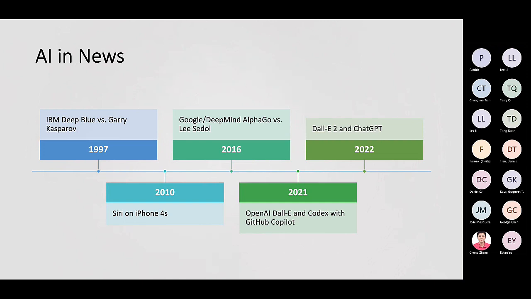They created a Go player, AlphaGo, and it played against the human world champion, LeXtudio, at that time. And surprisingly, it won 4 versus 1.